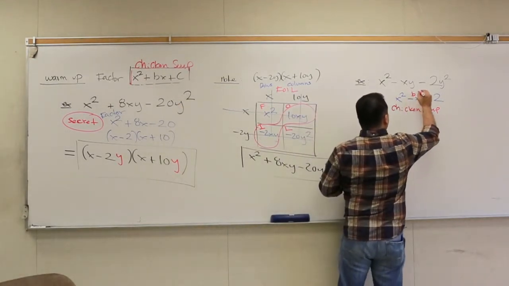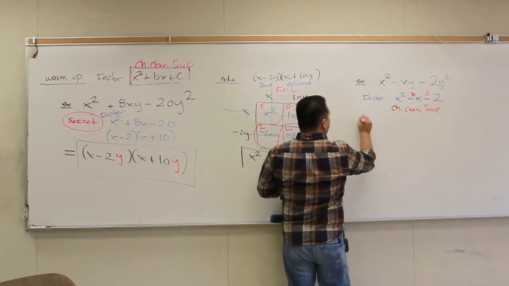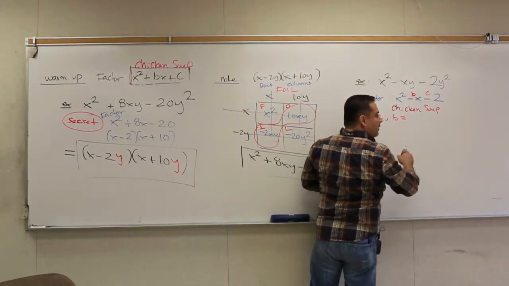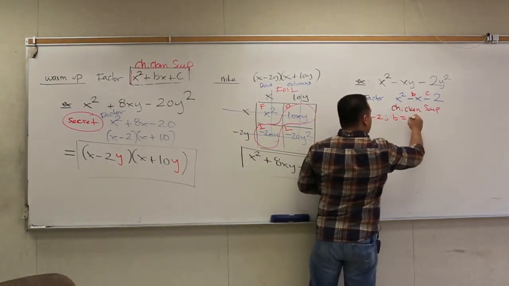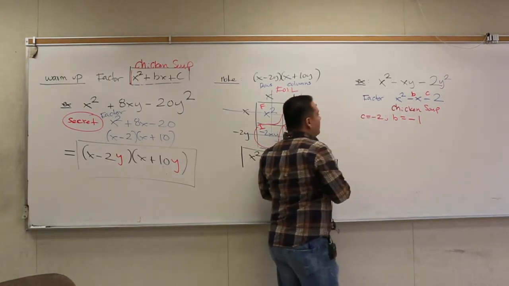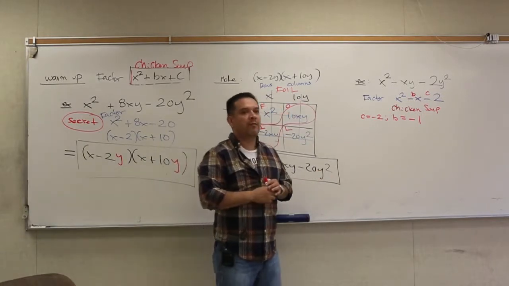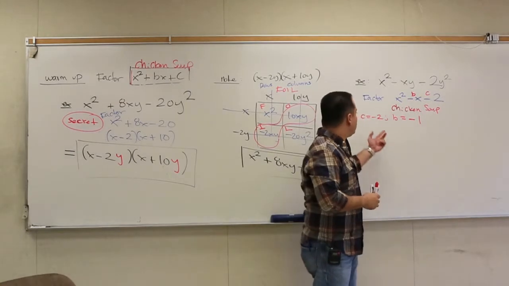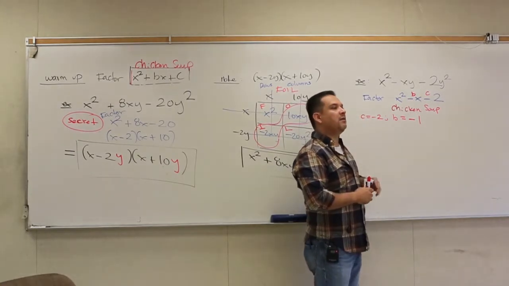Okay, my recipe, I got a B and I got a C, and I think, okay, C is going to be -2, right? What is the value of B? Is it +1 or -1? So what's my process in chicken soup? Two numbers multiplied together is -2, but when added is -1.